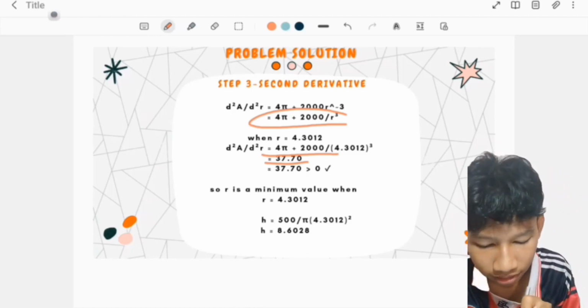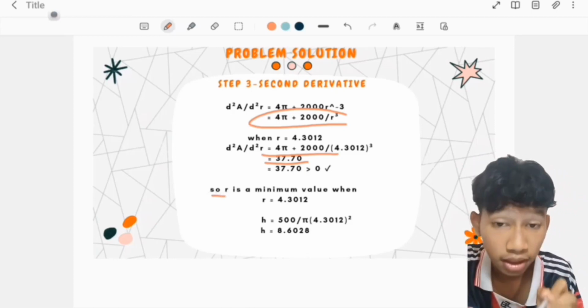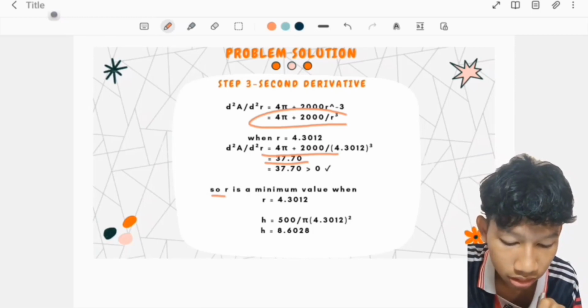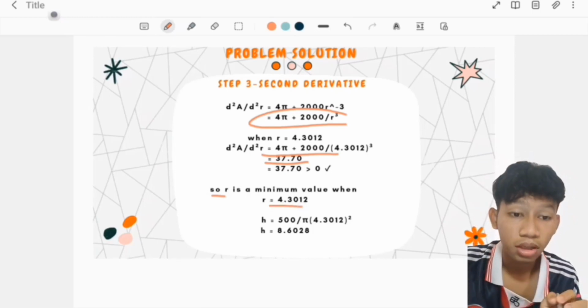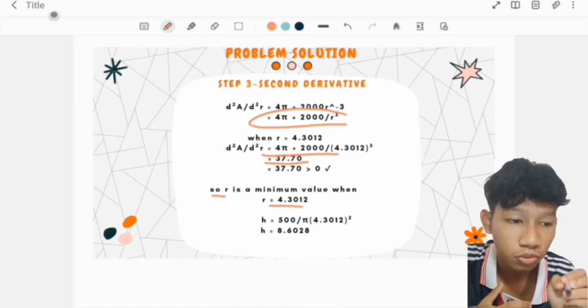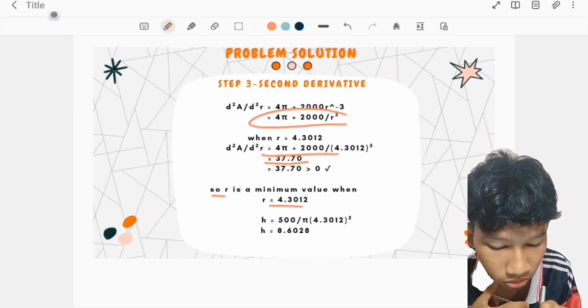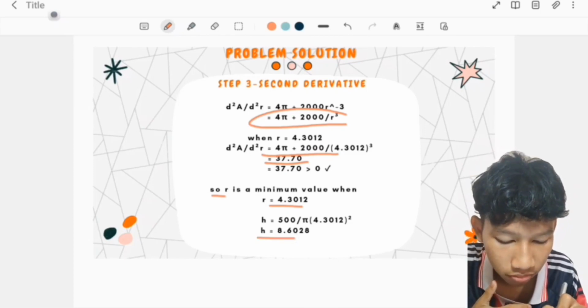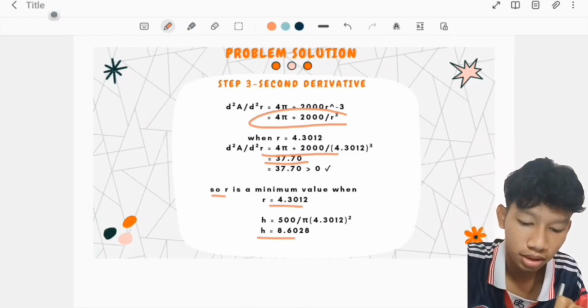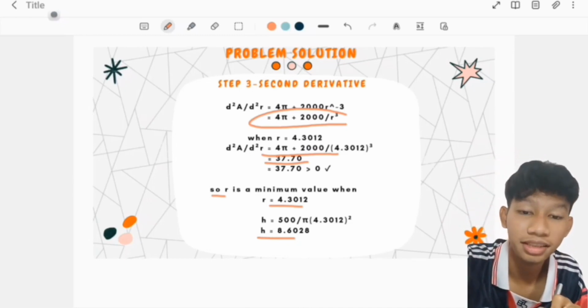So r is a minimum value when r equals 4.3012. Then we find the value of h, and we get h equals 8.6028. So that's done for question 2.